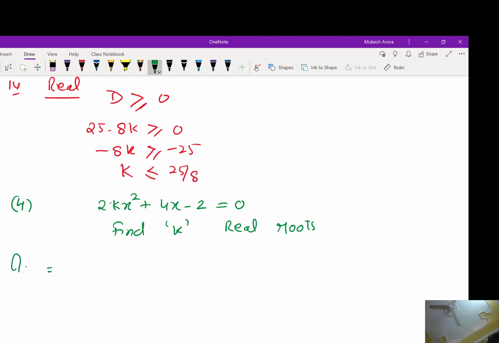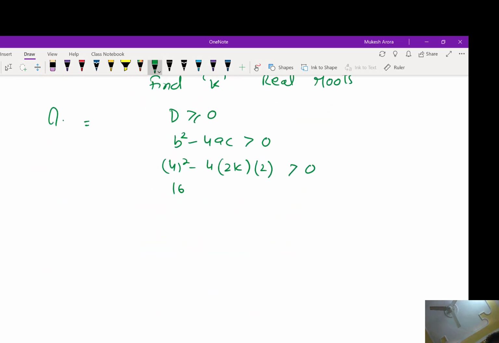So real root is d is greater than or equal to 0, b squared minus 4ac is greater than or equal to 0, 4 squared minus 4 into 2k into 2 is greater than or equal to 0. That means 16 minus 4 into 8, 16 minus 16k.